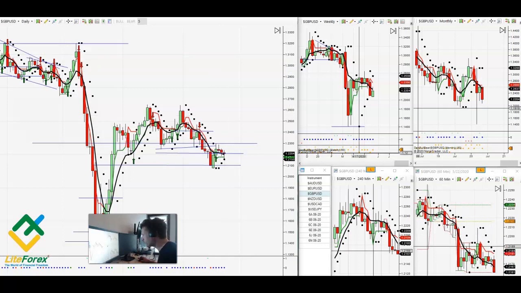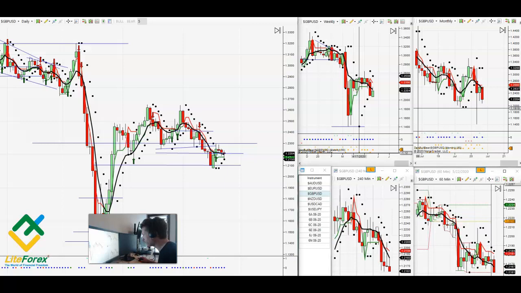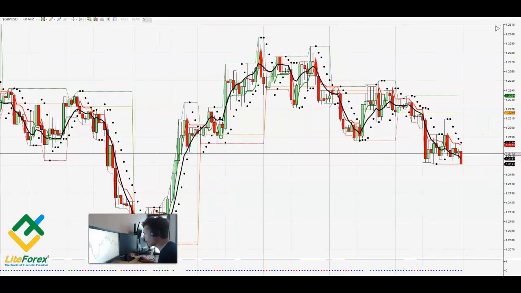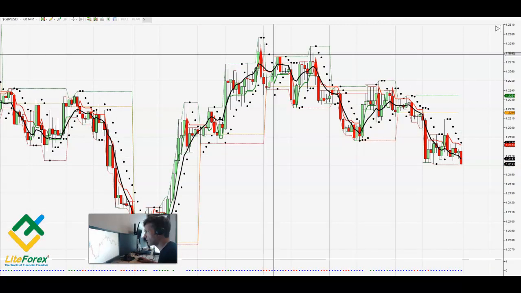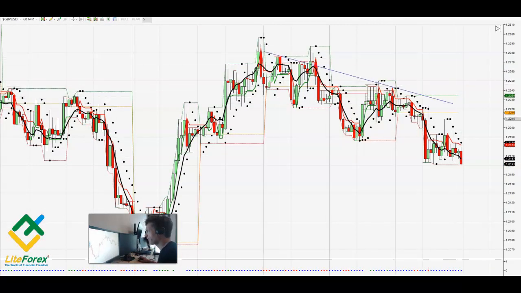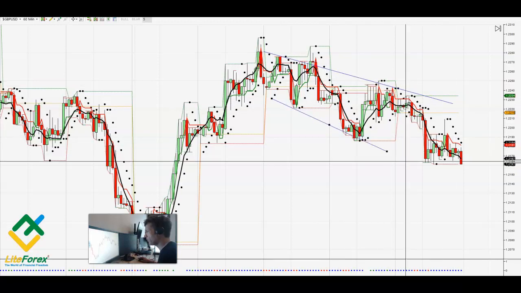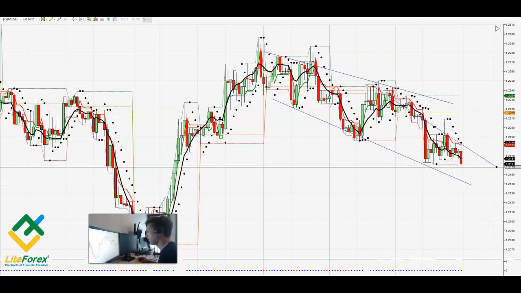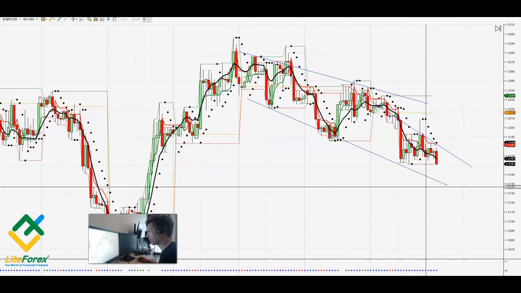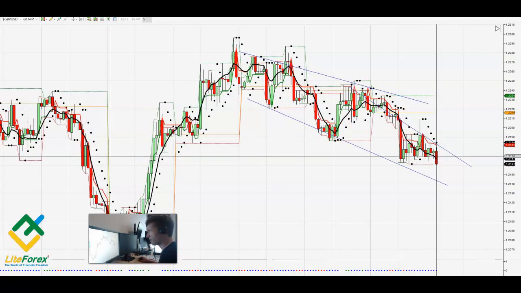Of course, the 60 and the 240 are definitely looking more bearish than anything. You can just see the lower lows and the lower highs. This is a very bearish candle in the 60.